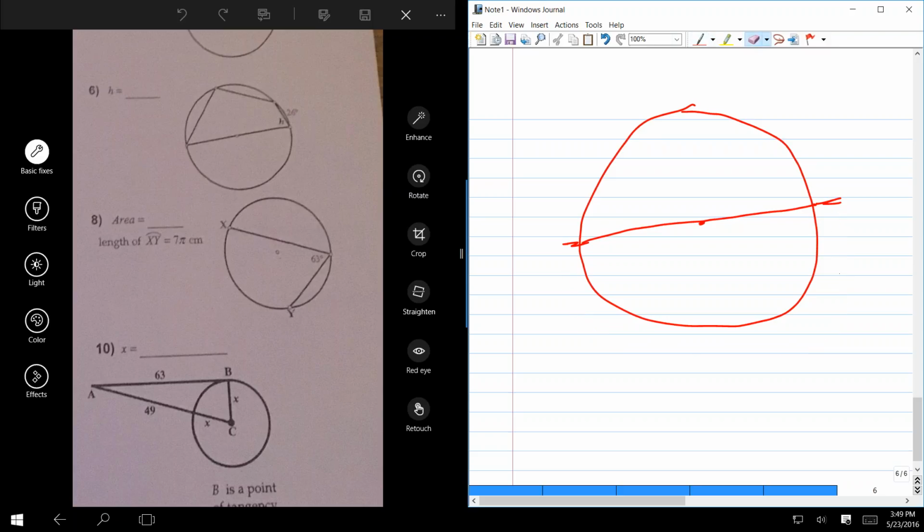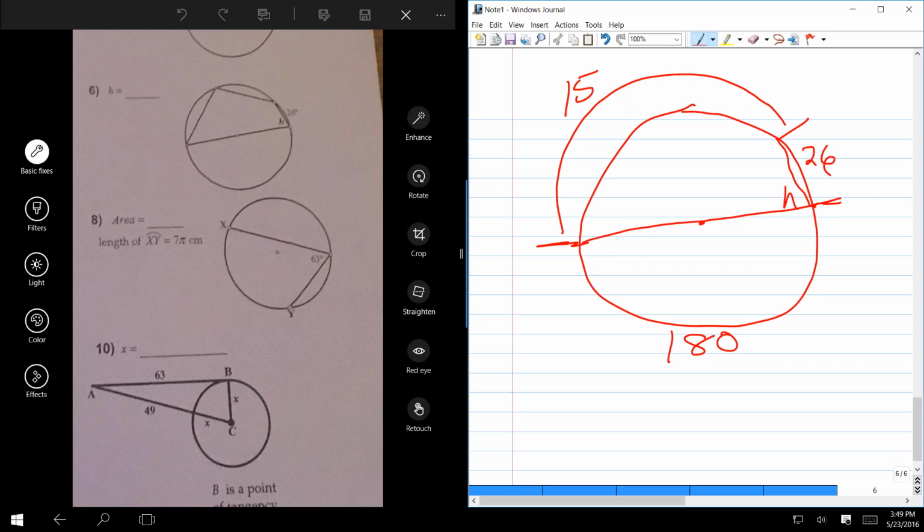Okay, that gets us started. And they tell us the measurement from there to there is 26. So what's the measurement from there to there? Not by definition, but by whatever method. 154.